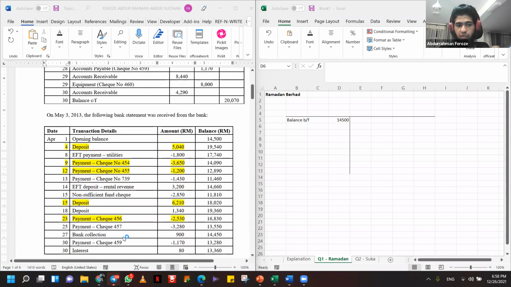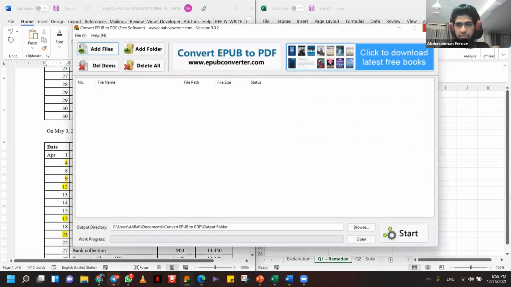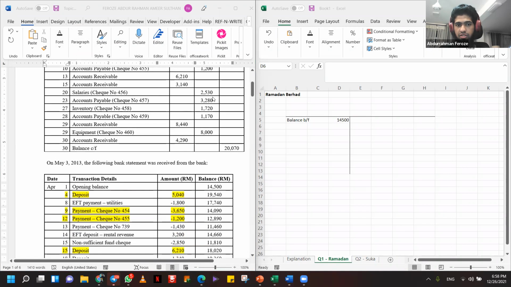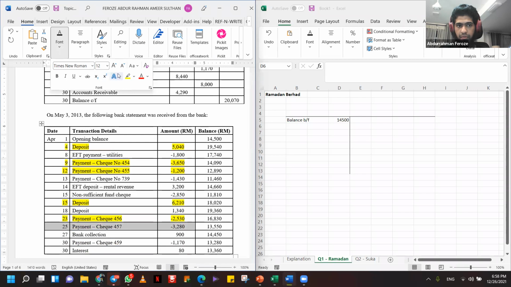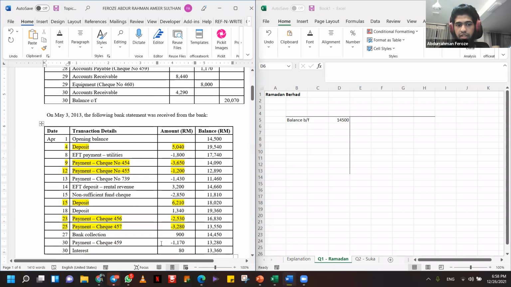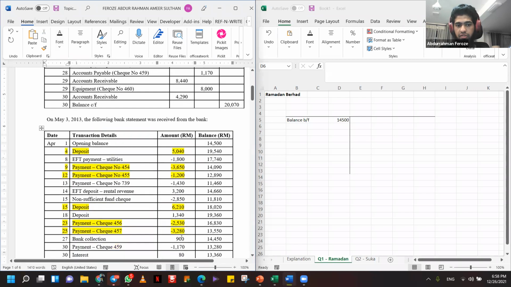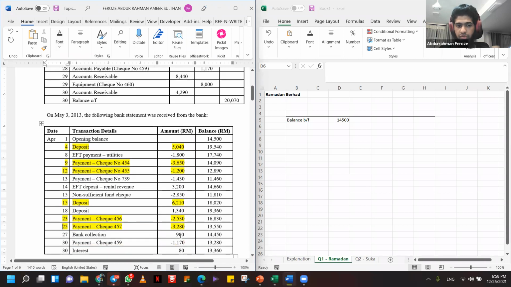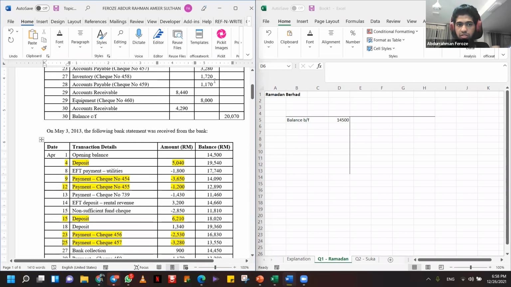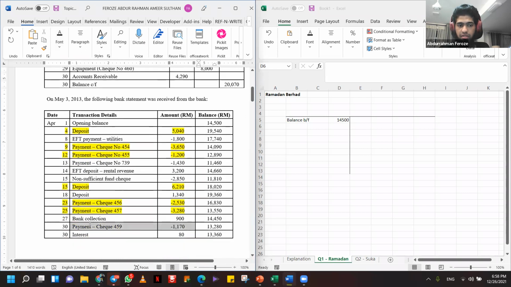And then we have check 457, a payment of 3,280. This is also there, right? Then we have bank collection of 900. It should appear here. It's not there. So we have to look into this. And then we have payment of check 459, which is this one. It's there.